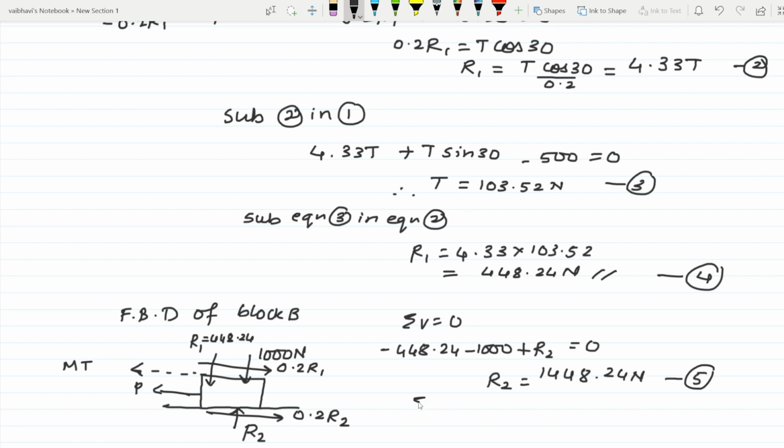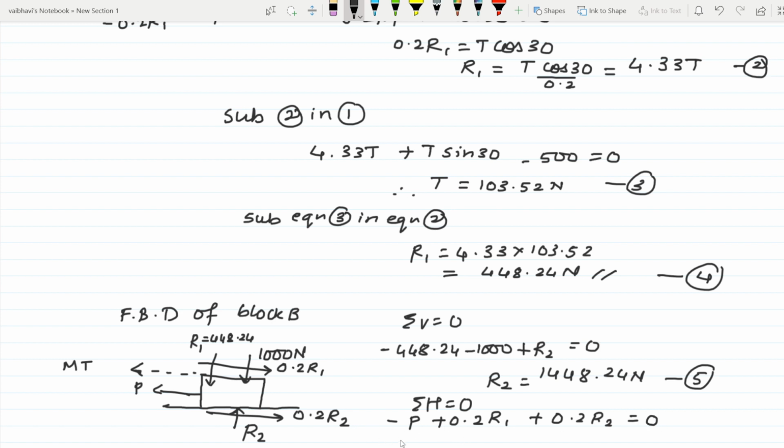Next, resolving forces horizontally. P is towards negative x, so minus P. Then both friction forces are plus, so plus 0.2 R1 plus 0.2 R2. These are the only three horizontal forces, equal to 0.